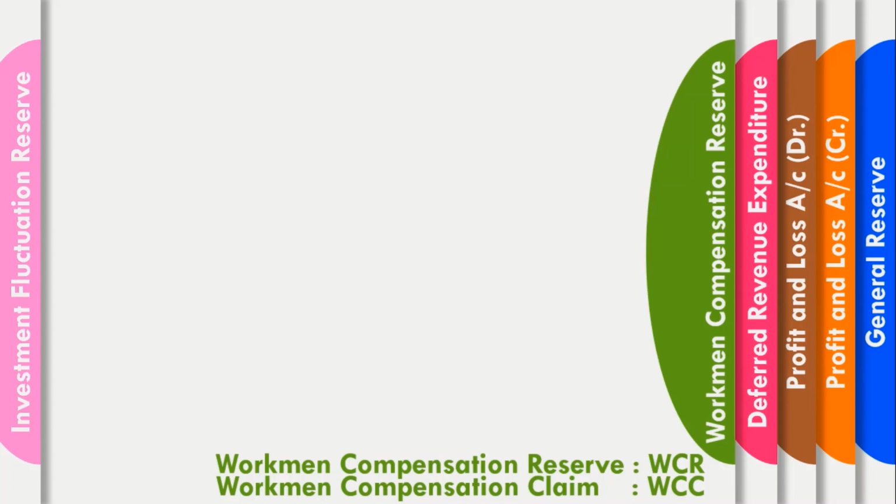So let's begin. First, we will check whether workmen compensation reserve is there or not. If workmen compensation reserve is not there, then we will check whether workmen compensation claim is there or not. Now, if workmen compensation reserve is not there, workmen compensation claim is also not there, then we will not do anything.